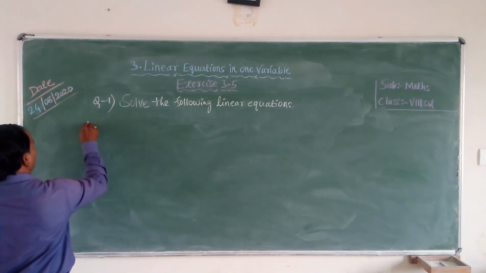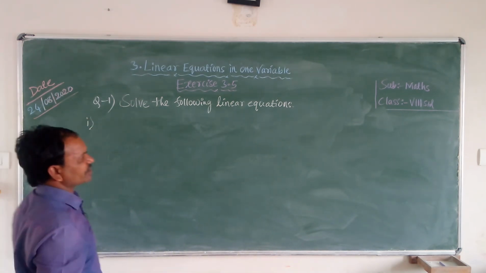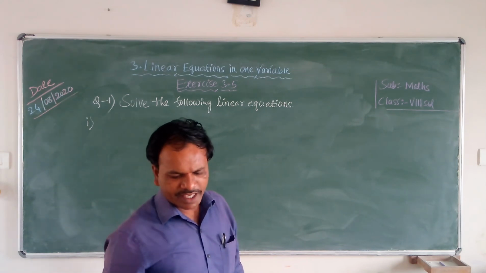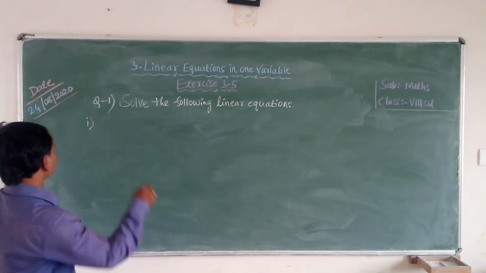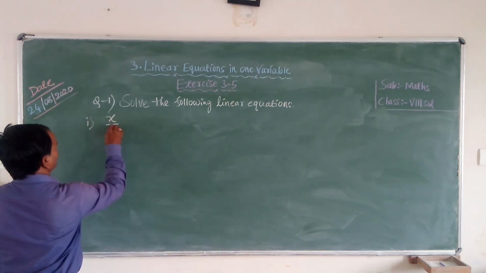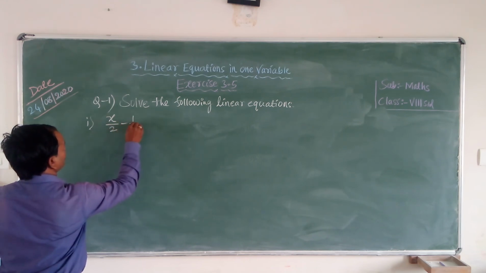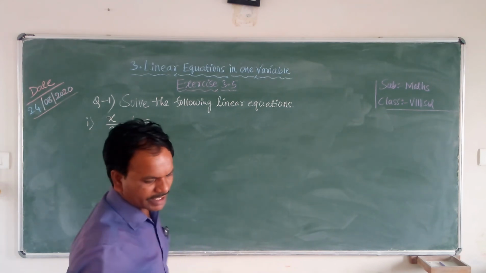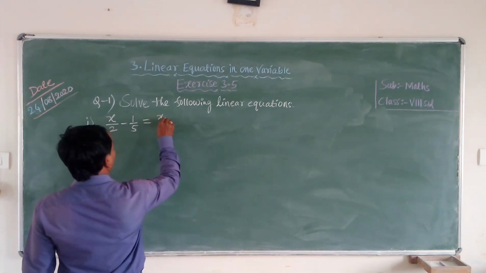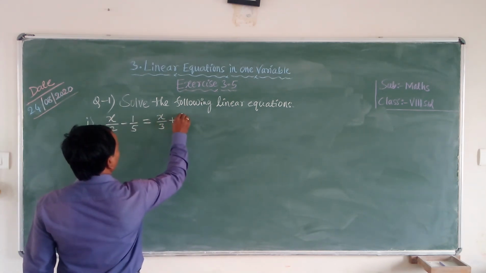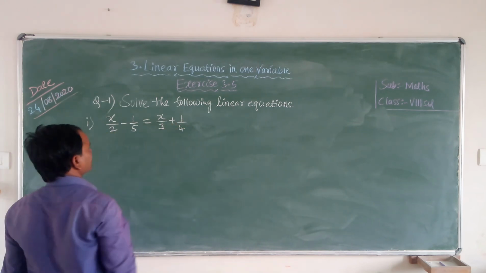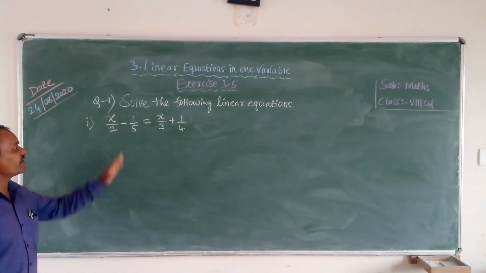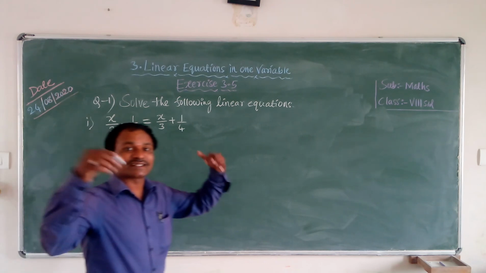The first equation is x by 2 minus 1 by 5 is equal to x by 3 plus 1 by 4. So this equation is in the fraction, or rational number, system.